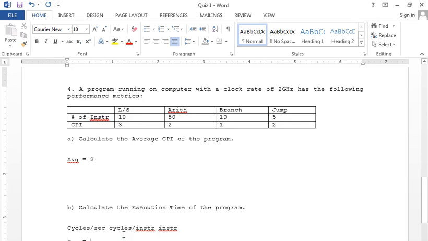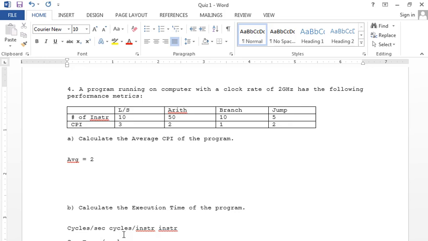Instructions, cycles... Hold on, I see what you're trying to do, and I'm going to go a different route. I understand what you're trying to do, though. I'll explain what you're doing there in a second. So, if I want to start with seconds, the first thing I want is the seconds unit, seconds over cycles.